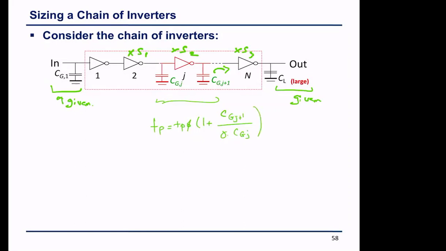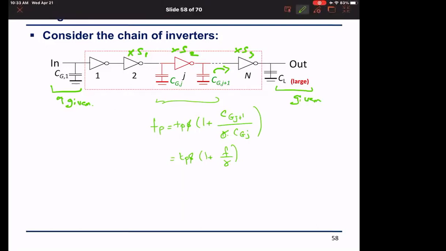It is the gate capacitance of the next stage over my gate capacitance, C external over CG, and we have gamma, so it is TP0 times 1 plus F over gamma, where F is the ratio of the gate capacitance of the next stage to my gate capacitance.